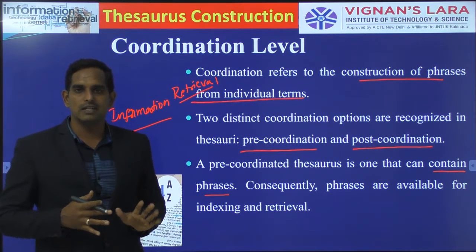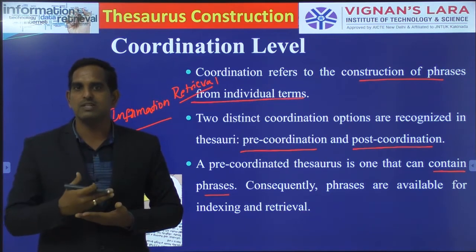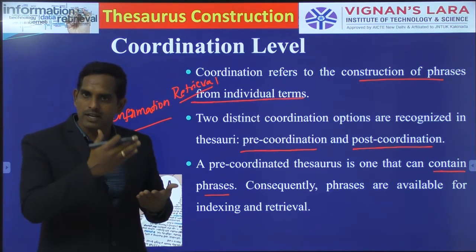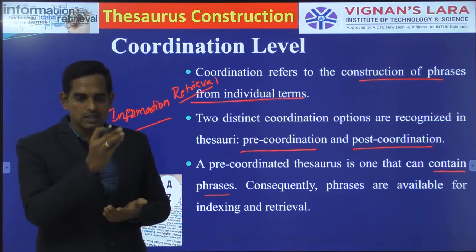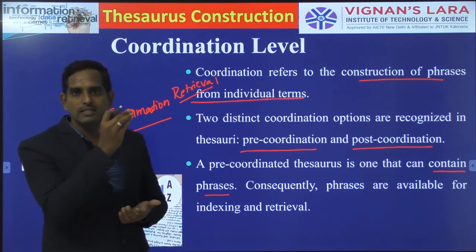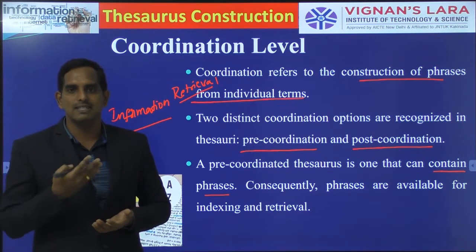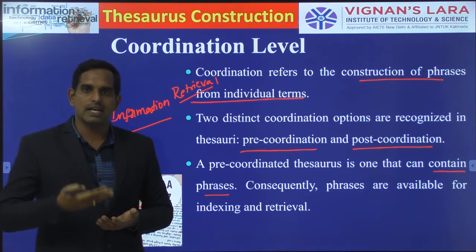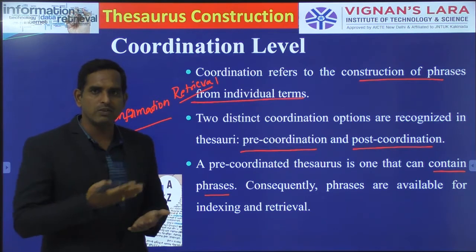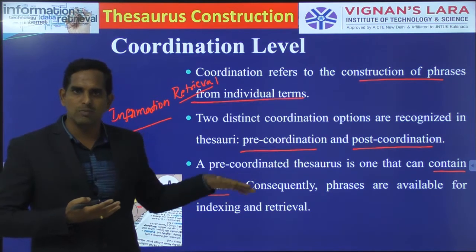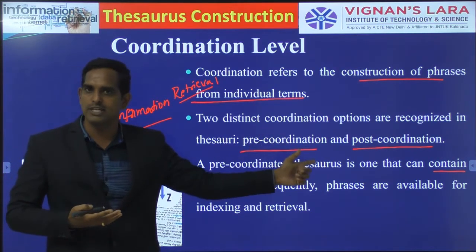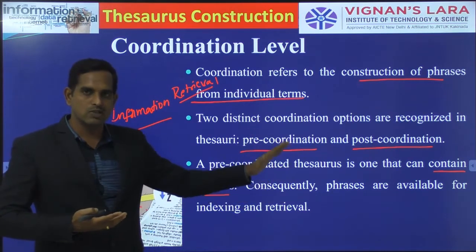As you can understand, the terms which can be present in your thesaurus are created beforehand. That is, the terms as well as the phrases which can be present as part of your system are decided beforehand. This has to be done either manually or automatically.